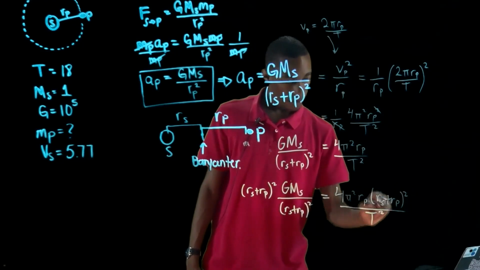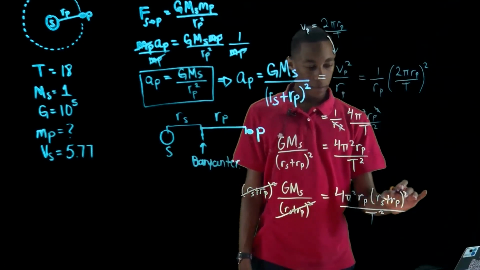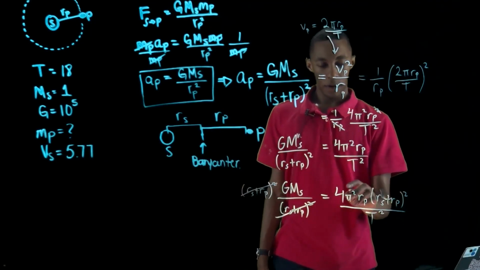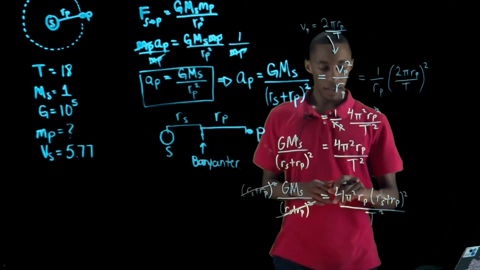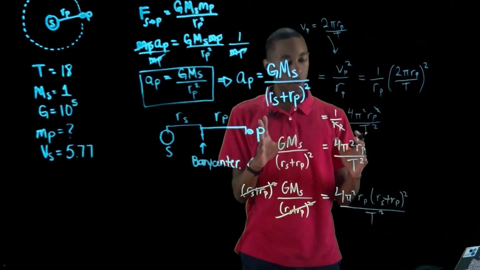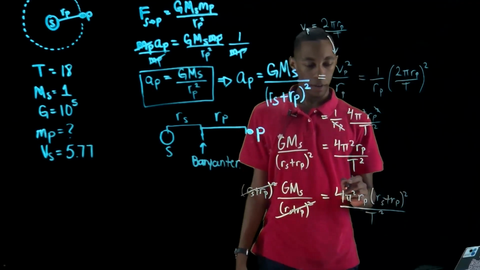So these cancel, and we're left with 4 pi squared Rp times the quantity (Rs plus Rp) squared divided by the period squared.